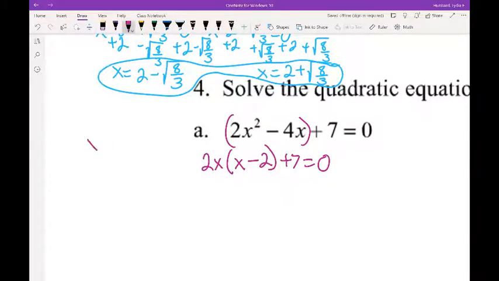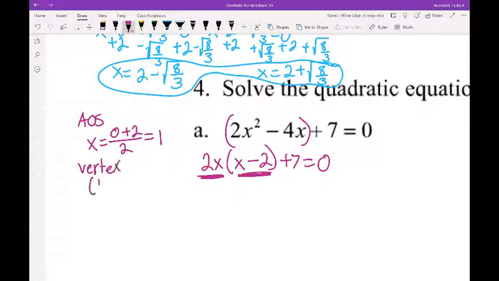Okay. So now we want to find the zeros. So from right here, we want to find the axis of symmetry using the zeros. So the 0 from this factor is just 0. The 0 from this factor would be a positive 2, right? Because you'd set that equal to 0 and solve. And so our axis of symmetry will be 1. Again, that is the x value of our vertex.